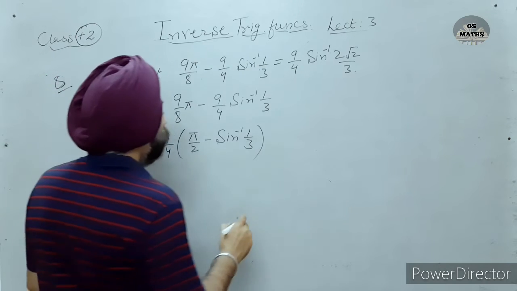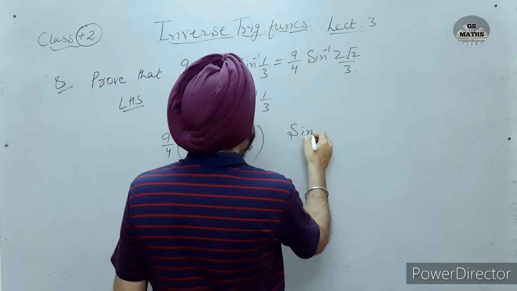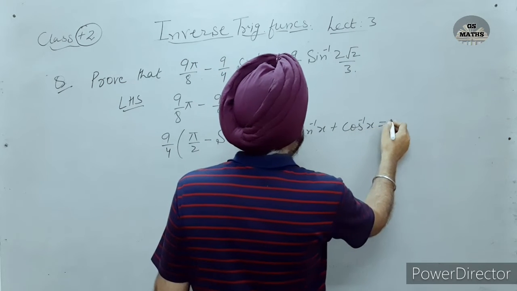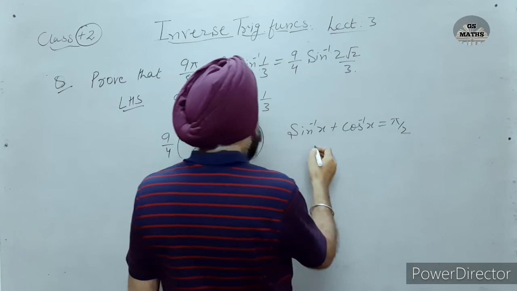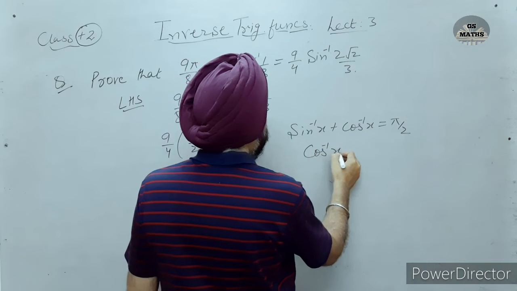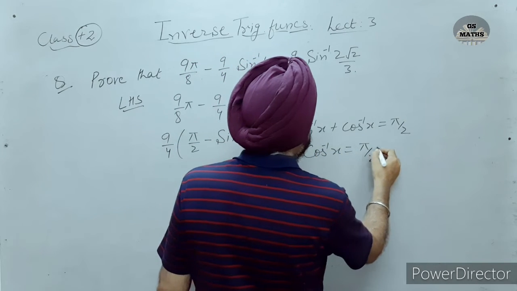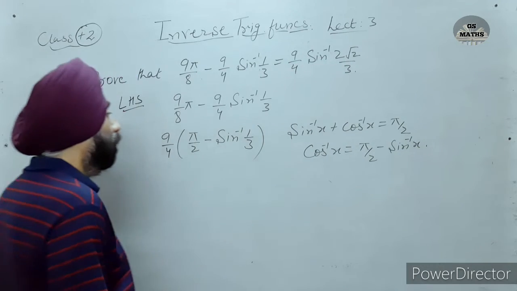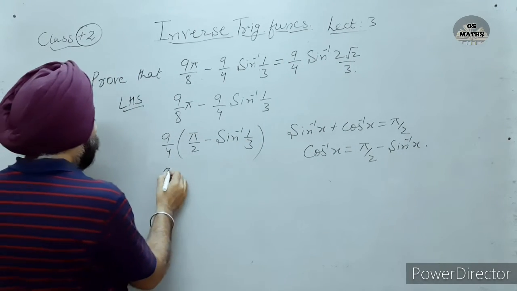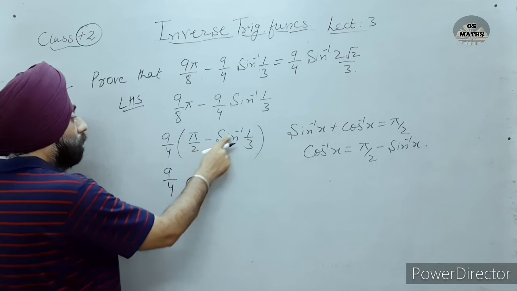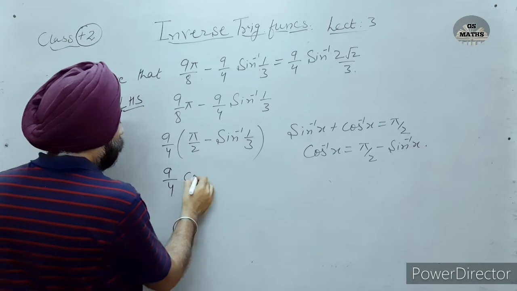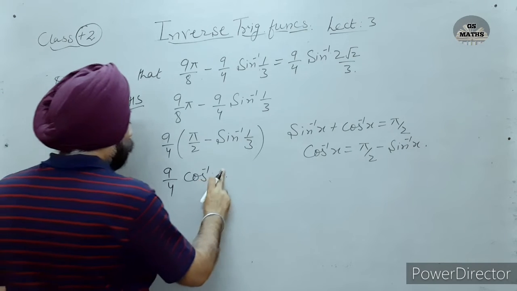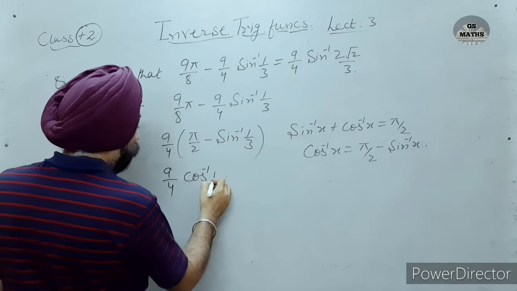Now I again use the property that sine inverse x plus cos inverse x is pi by 2, or cos inverse x is pi by 2 minus sine inverse x. Now it's 9 by 4, and pi by 2 minus sine inverse x is cos inverse x, that is cos inverse of the value 1 by 3.